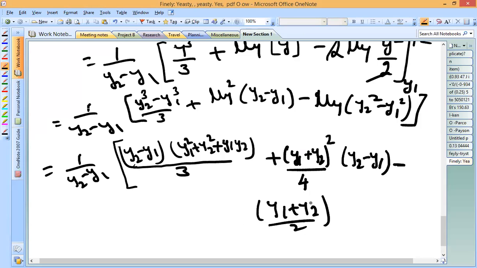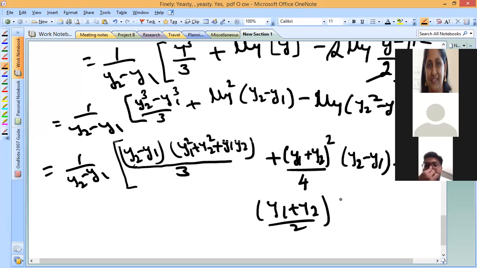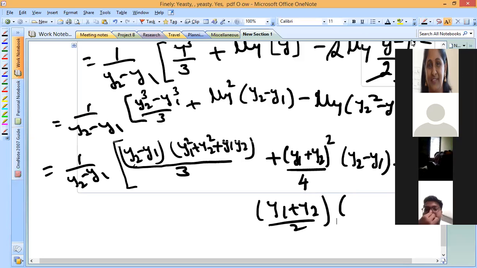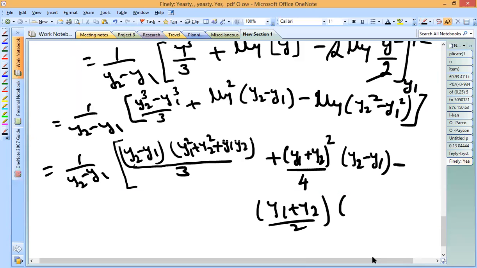So into (y2 square minus y1 square) is there. That is nothing but the a square minus b square formula. If you expand this in terms of a square minus b square, we can write (y2 minus y1) into (y1 plus y2).